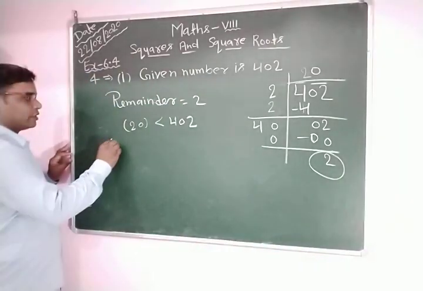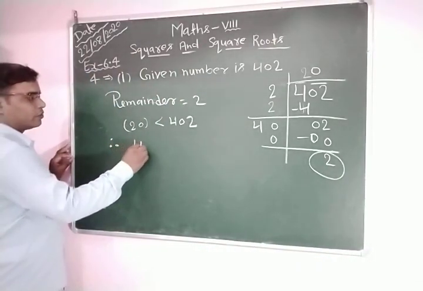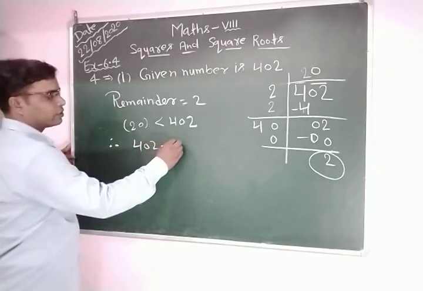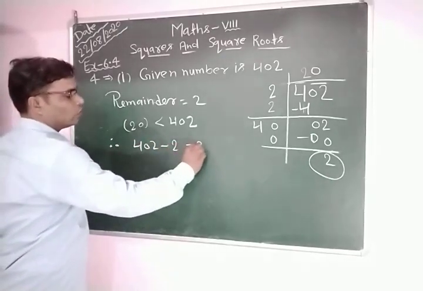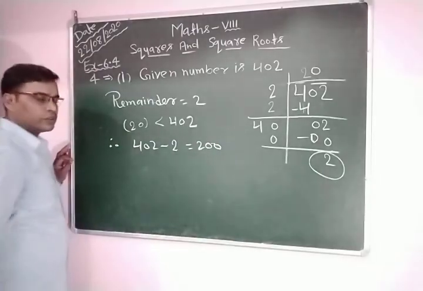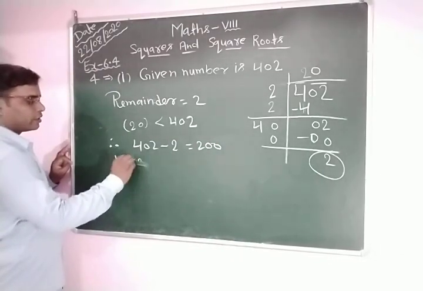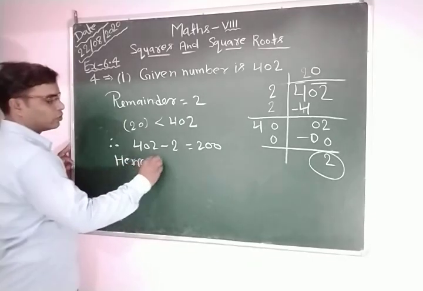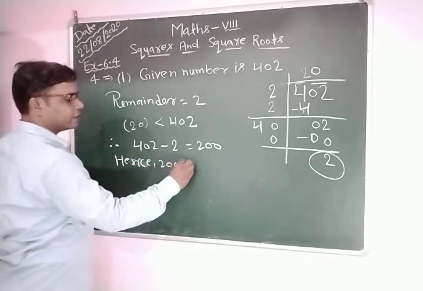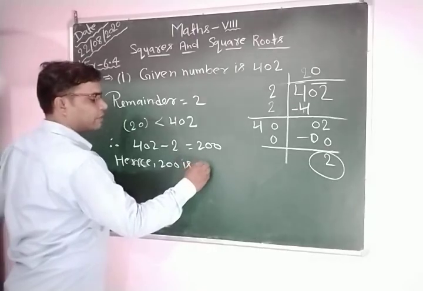Therefore 402 minus 2 is equal to 400. Hence 400 is a perfect square number.